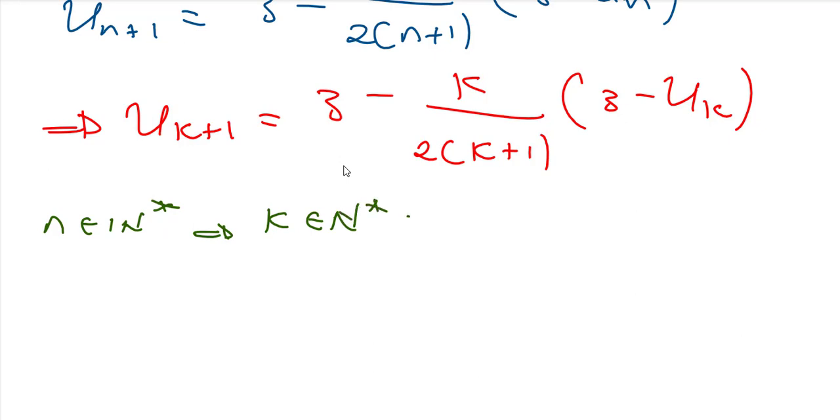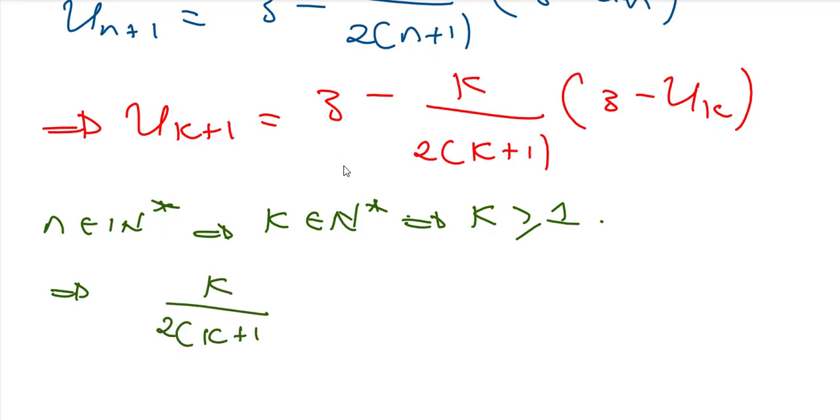It simply implies that k is a positive number, greater than or equal to 1, and this also implies that the ratio k/(2(k+1)) will be less than 1 for every k in the natural numbers.